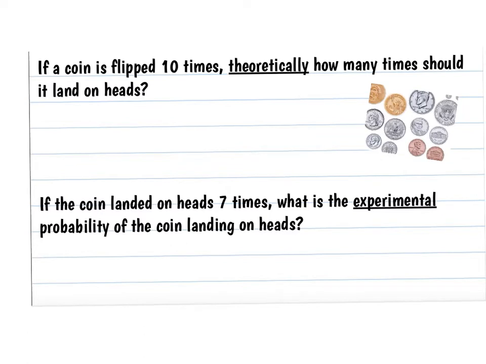If a coin is flipped 10 times, theoretically, how many times should it land on heads? Well, we know that the probability of getting heads, if we flip a coin, is 1/2, because there's two outcomes, either heads or tails. One of the outcomes is heads, so the probability of getting heads is 1/2, and that's just if we have a simple event. We flip it one time, and we have a 50% chance of getting heads.